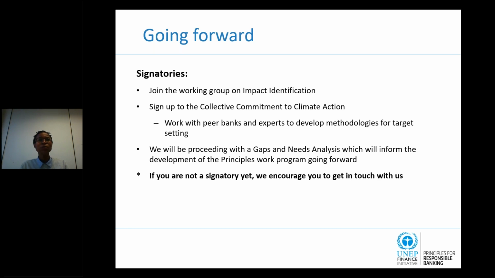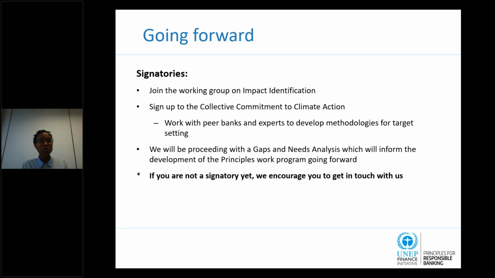And so here is a group of banks working together with the banking team and the positive impact team here at UNEP FI to develop a tool for impact analysis, a way that banks can work through their portfolio to understand their impacts better, and obviously that then leads into target setting.